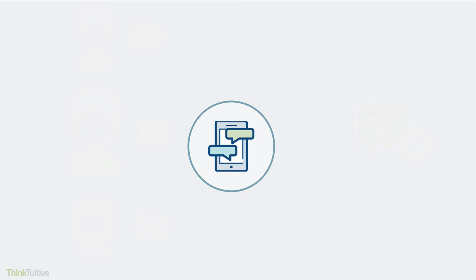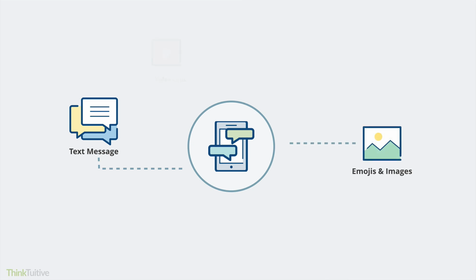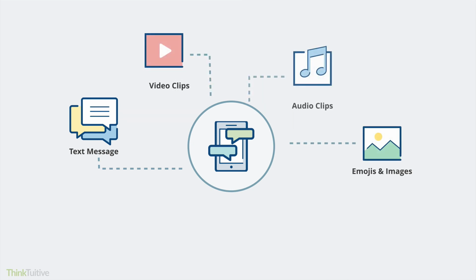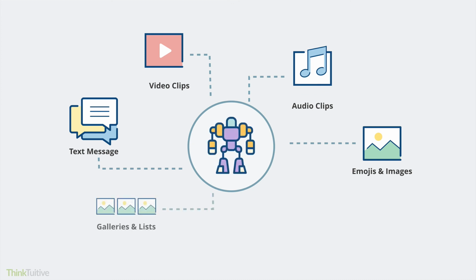Similar to when you're messaging your family or your friends, a messenger bot can send out short snippets of text, emojis and images, video clips, or a voice memo. A messenger bot can also send galleries and lists and different types of buttons to allow users to interact and reply to your bot.